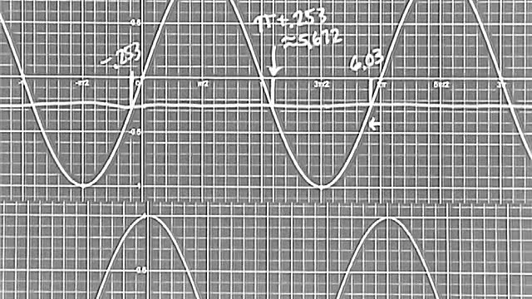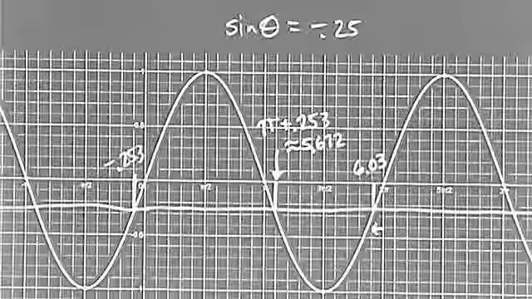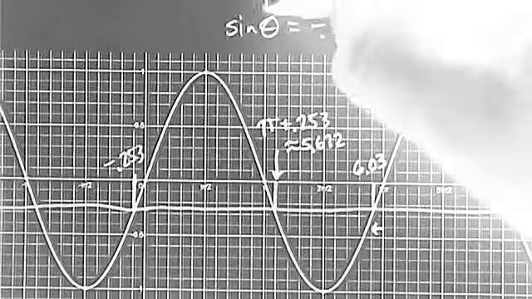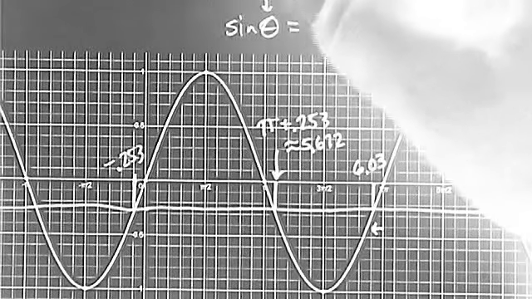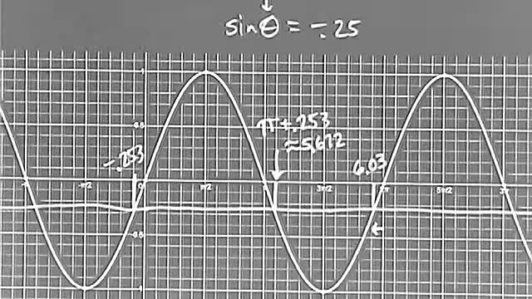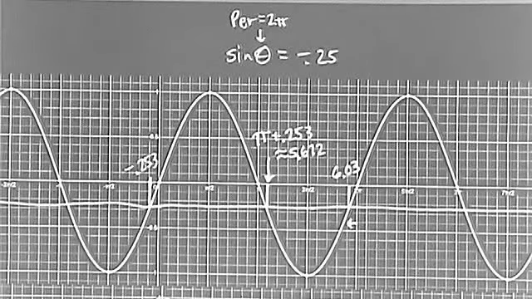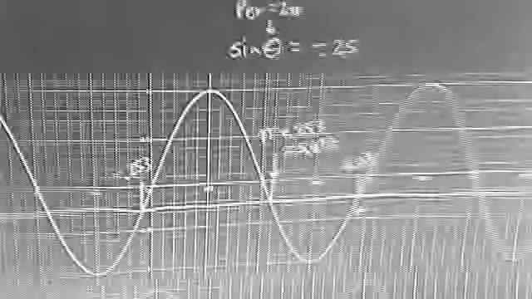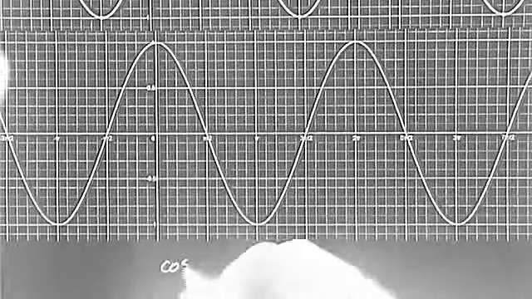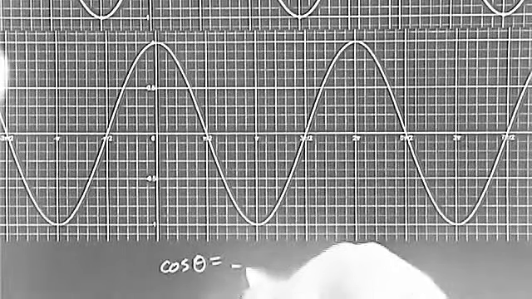And then, of course, since we're dealing with a sine function that has a period of 2 pi, nothing has been changed in the horizontal direction. So that means that your general solutions would be plus 2 pi n. Cosine. Let's say cosine theta was negative 0.25.